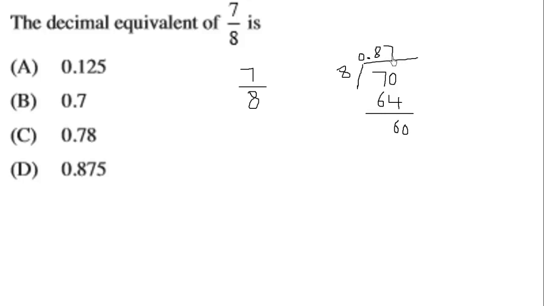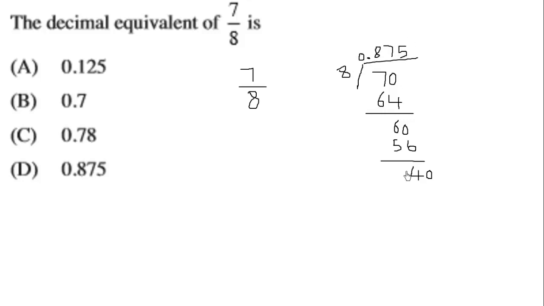Now 8 goes into 60 how many times? So 7. Now 8 times 7 will be 56. So we subtract again, we get 4. So 8 cannot go into 4, multiply by 10 again. We got the decimal point already. Now 8 goes into 40 how many times? 5.